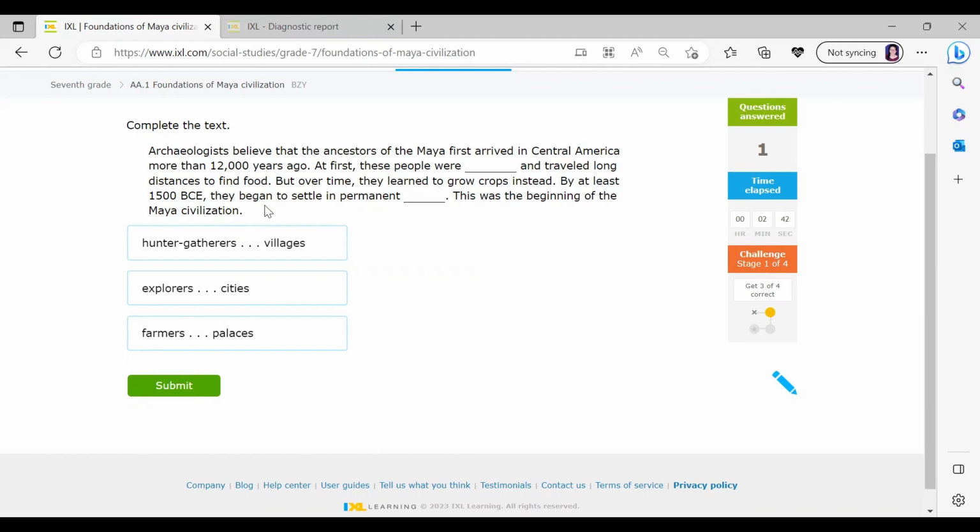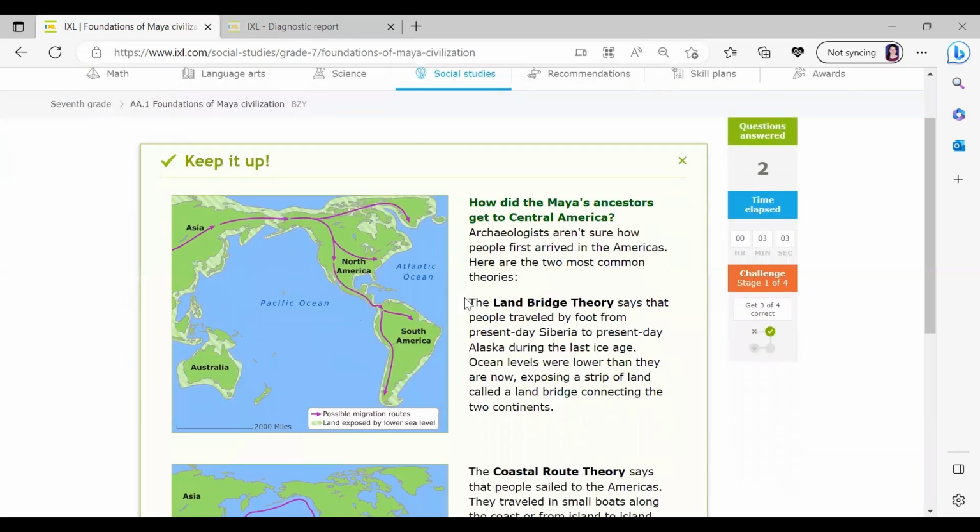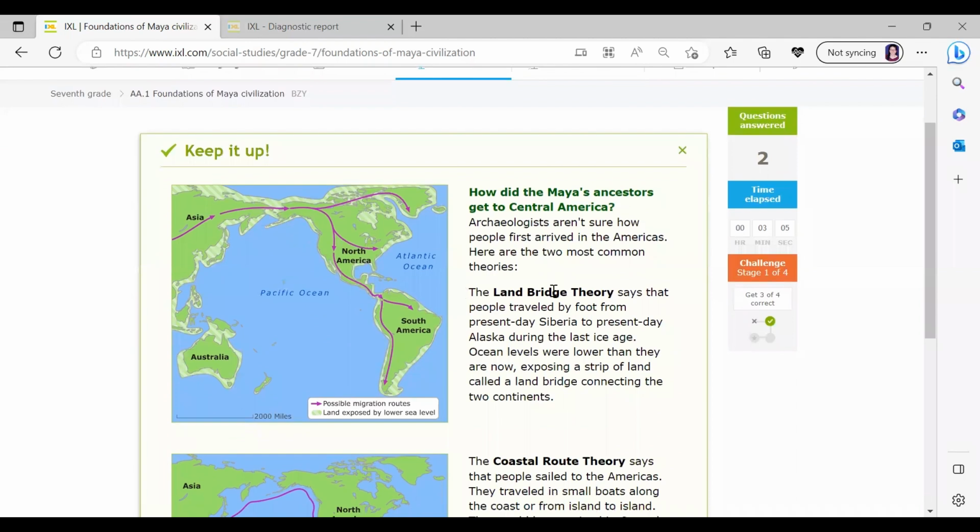By at least 1500 BCE, before Christ, they began to settle in permanent villages. This was the beginning of Maya civilization. I think this one sounds like A. Hunter-gatherer villages. That may be right. Oh, okay. Oh, good. After you're done, they give you more explanation.